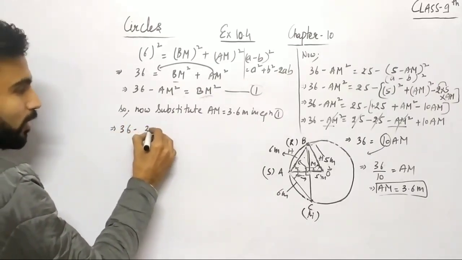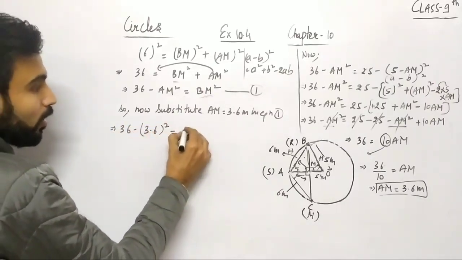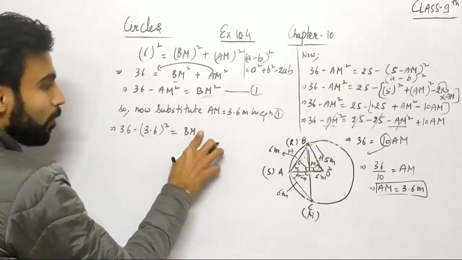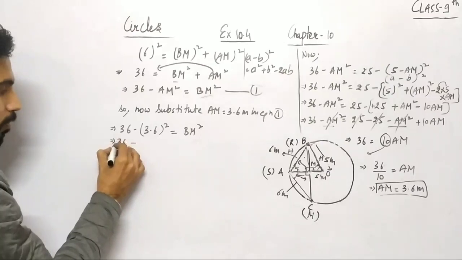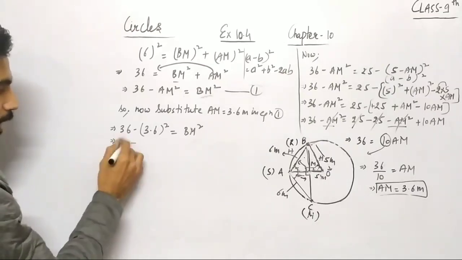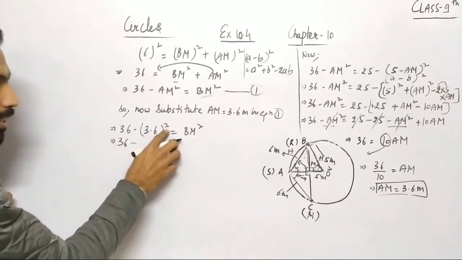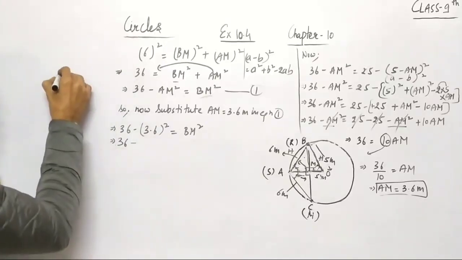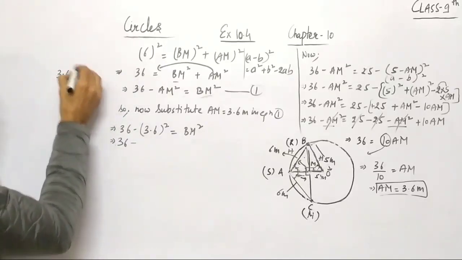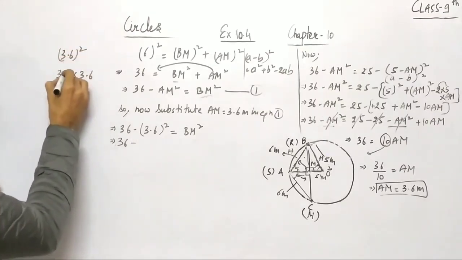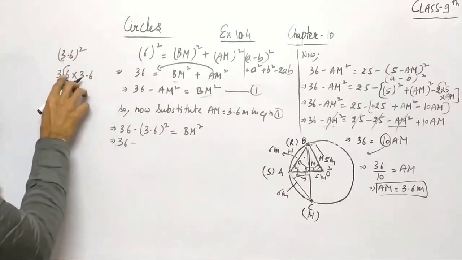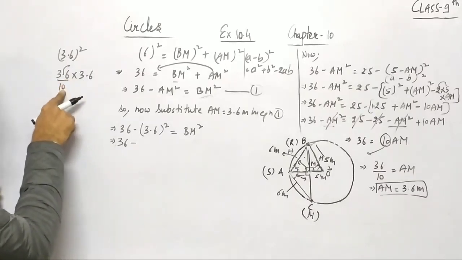So that will be 3.6 whole square equal to BM square, right? So here 36 as it is. Now let me just write that correctly first. Now 3.6 square, so that will be 3.6 into 3.6. This is what 3.6 square means, that is, you have to multiply it 2 times. Now you can see how to multiply this easily: there is one digit after the decimal, so 10 will come in the denominator.